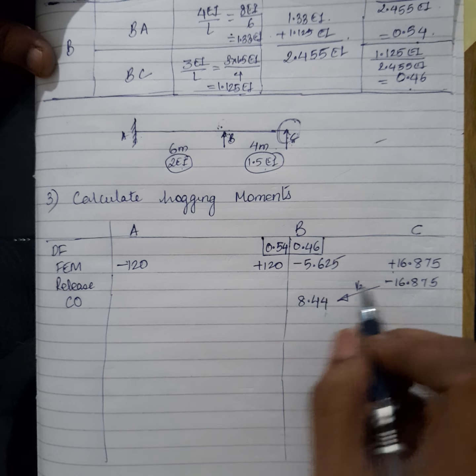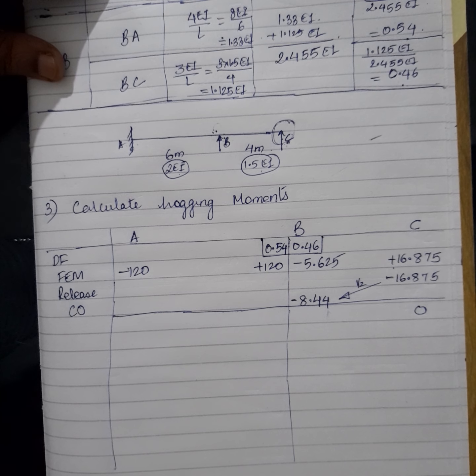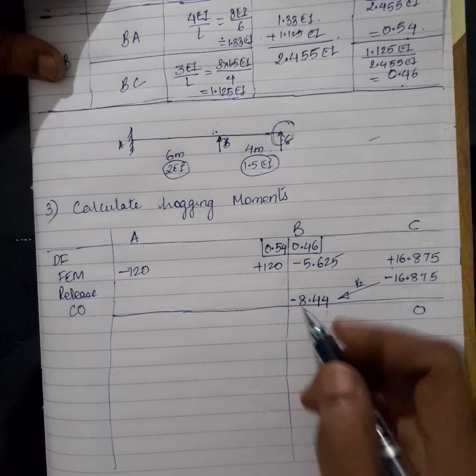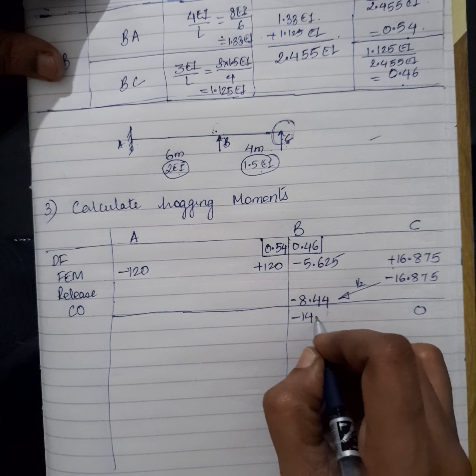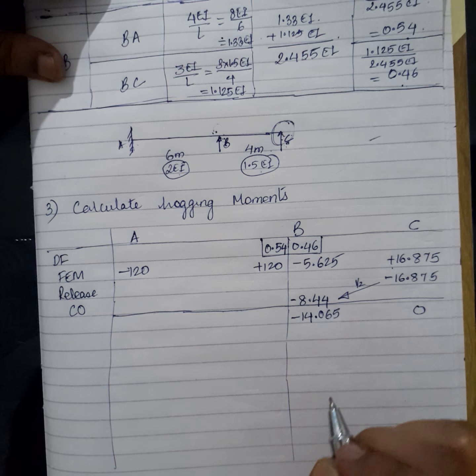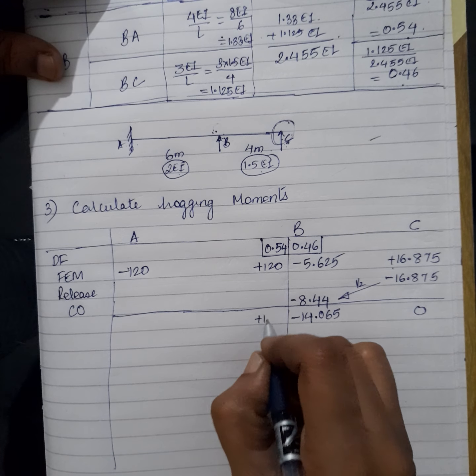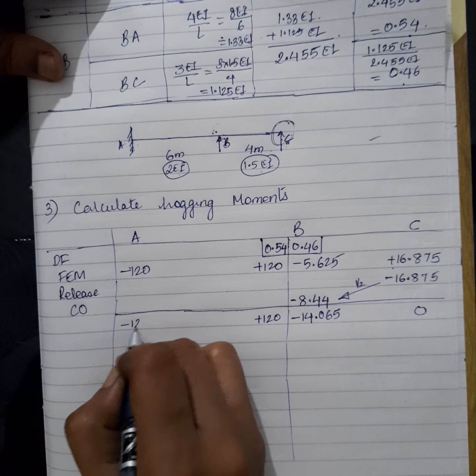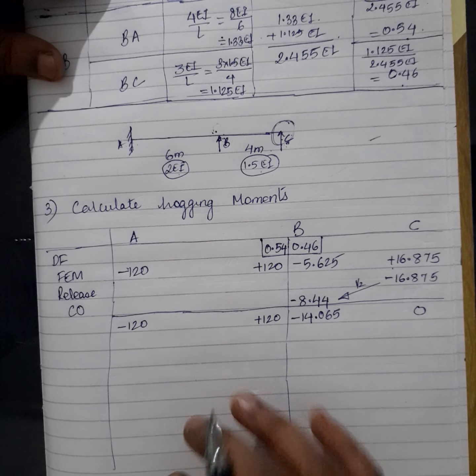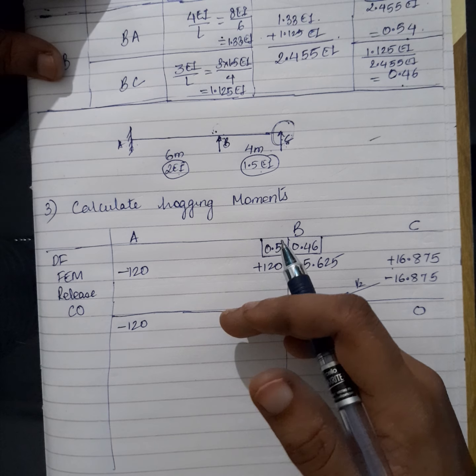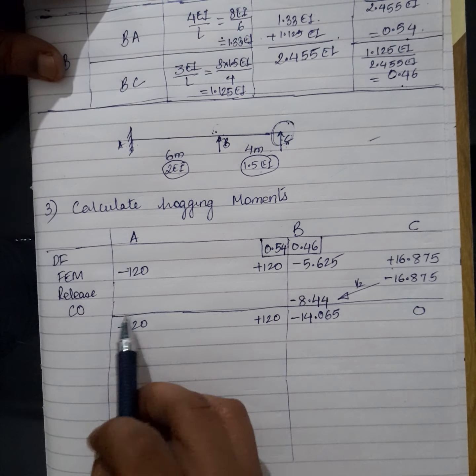Now since this is carry over, just give a check here. This is 0, add this, minus 5.625 minus 8.44. So this is going to be minus 14.065. This is going to be positive 120 and this is negative 120. Now we have to carry the iteration considering the further part.